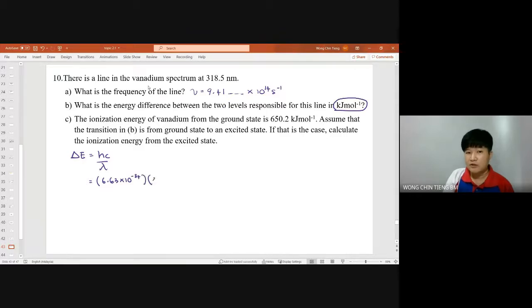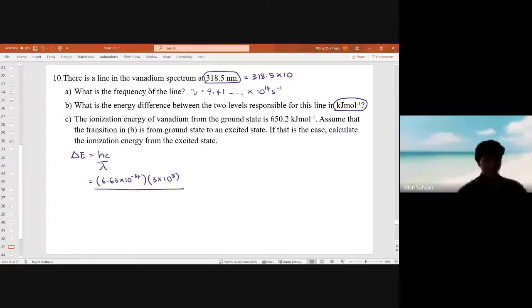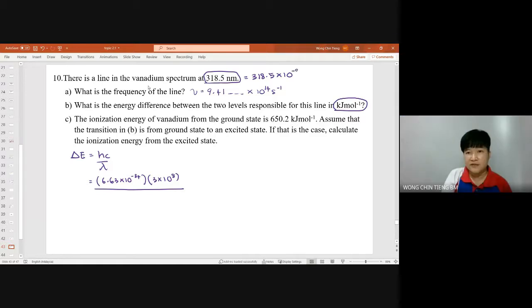Your speed of light 3 times 10 to the power of 8. Your lambda 318.5 nanometer is 318.5 times 10 to the power of negative 9. You will key in 318.5 times 10 to the power of negative 9 to convert to meter. Make sure to convert to meter.